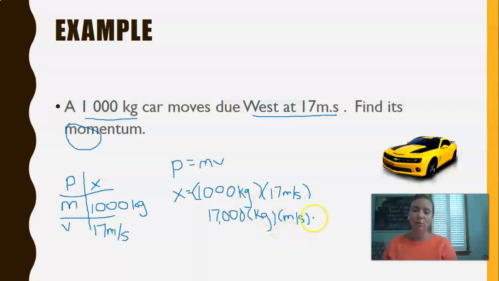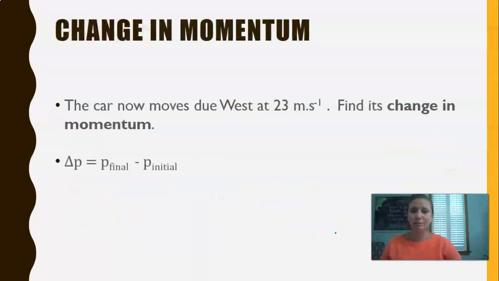So remember, this said west, so you can write west here if you want. Or if you want to think about north, south, east, west, you could also draw your arrow that way. And even if you wanted, you could put a W there. As long as you somehow represent the direction that it's moving.